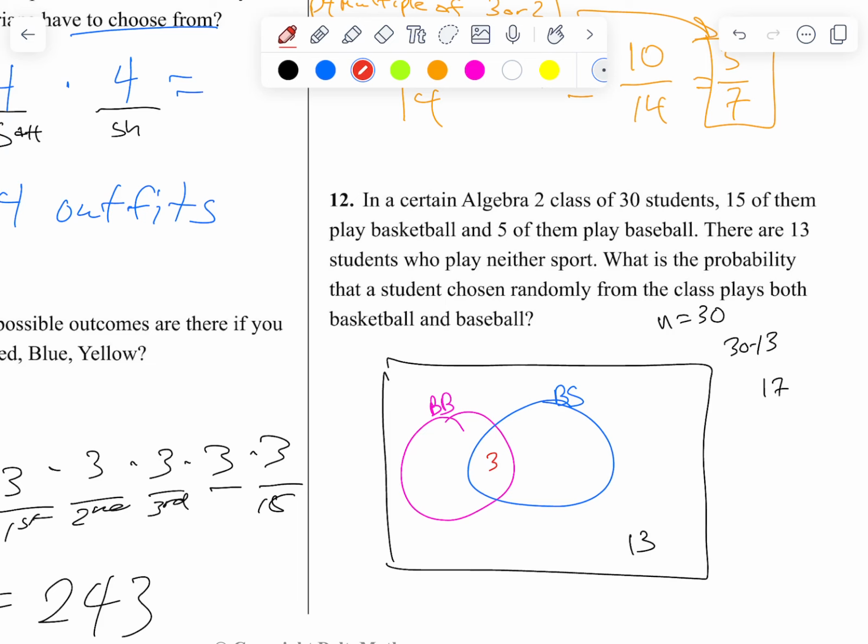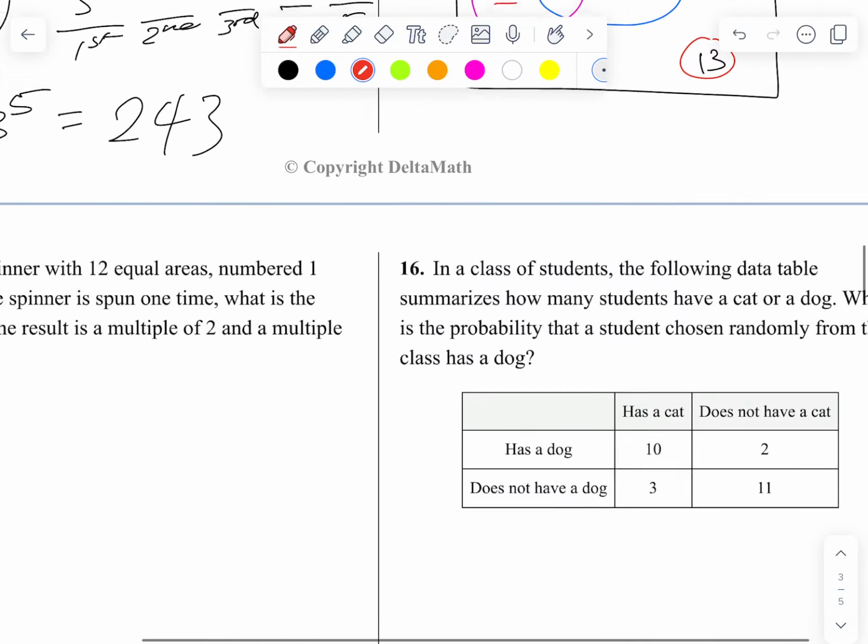So if I did that, then there'd be 2 that play basketball. And then on this side for baseball, there's a total of 15 of them. So this would have to be 12. If I add these up, 12 plus 3 plus 2, I get a total of 17, which is what I needed because I need 17 plus 13 to equal a total of 30. So I guessed it right away.